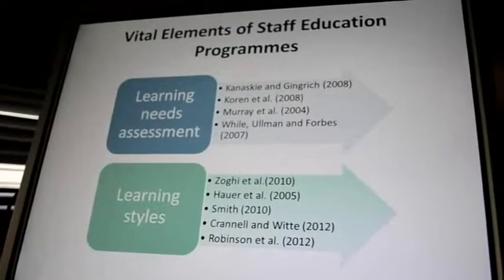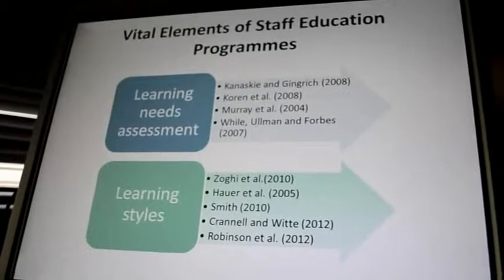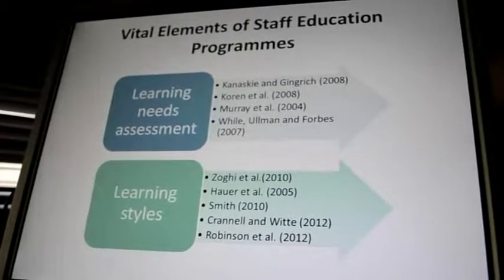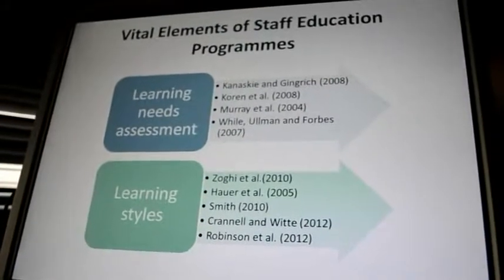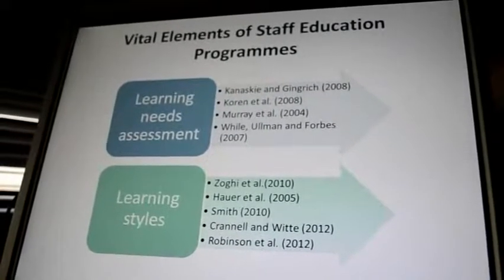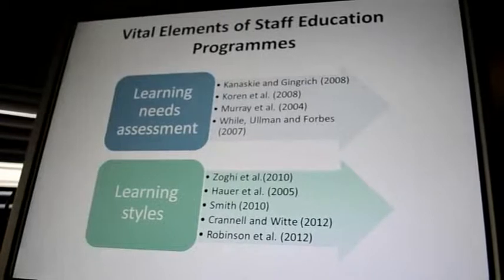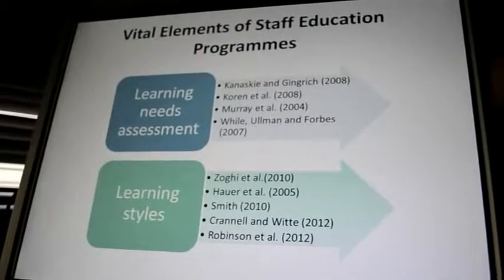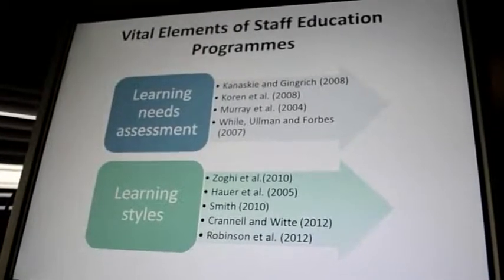Meanwhile, Hauer et al. 2005 compared the learning style preference of students from 5 allied health courses, such as nursing, physician assistant, occupational therapy, physical therapy and speech language psychology, using Kolb's learning style inventory 2A.